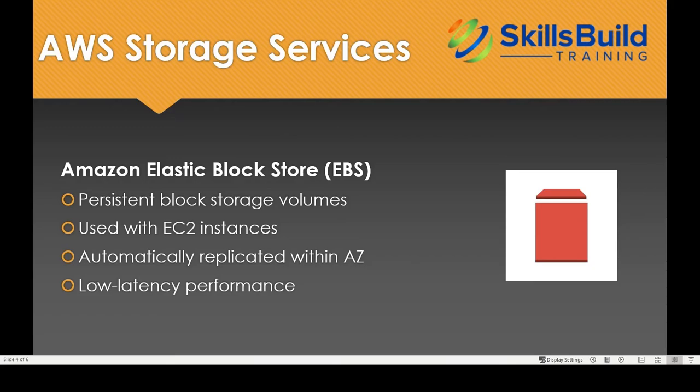Amazon EBS volumes offer the consistent and low latency performance that is needed to run your workloads. With Amazon EBS, you can scale your usage up or down within minutes, all while paying a low price for only what you provision.